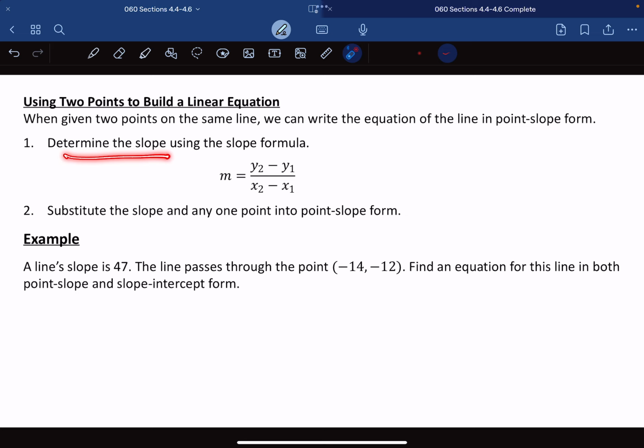Step 1 is to determine your slope. Step 2, we need a point, so find your point. Usually that's given to you. And then you want to substitute that point and your slope into your equation.